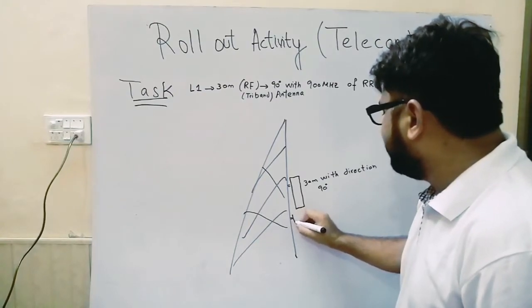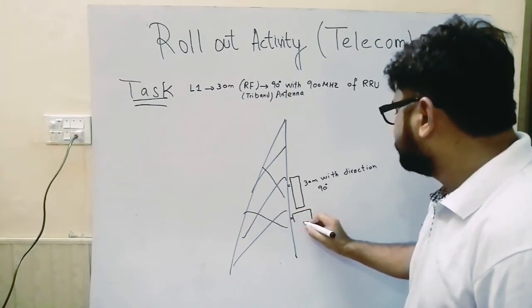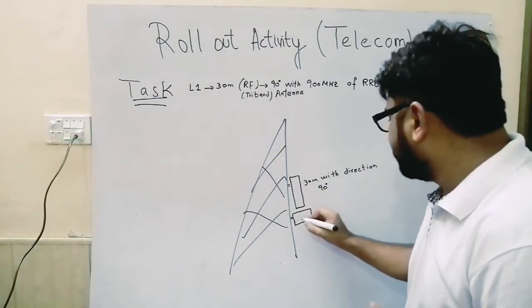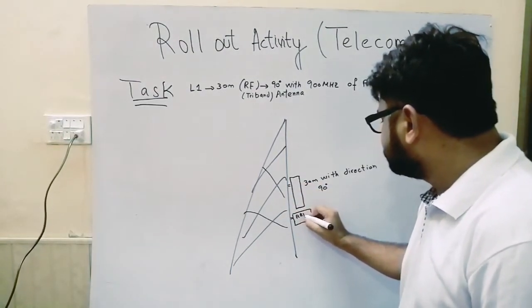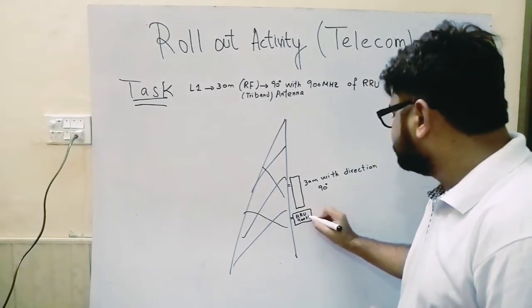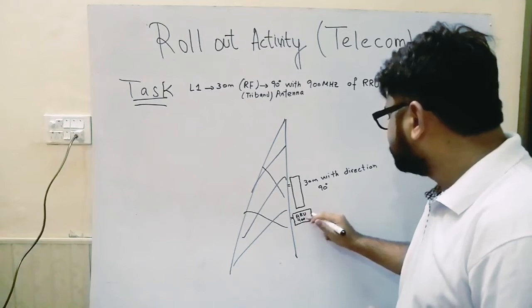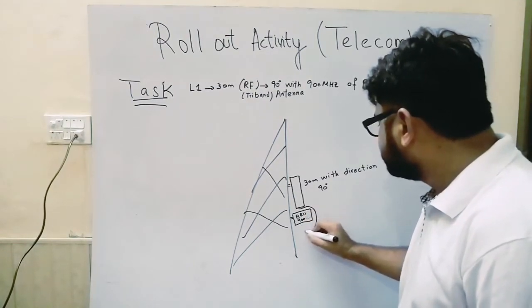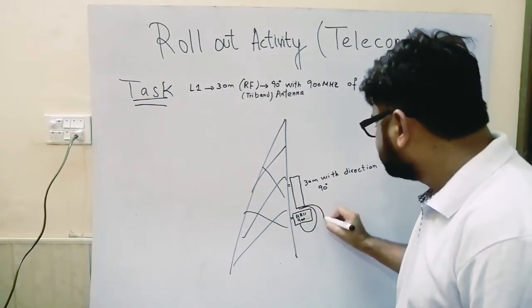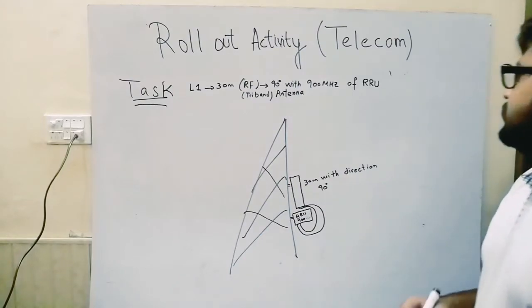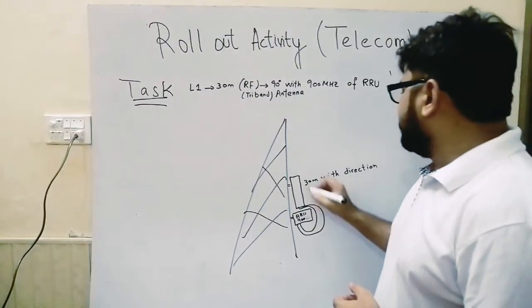So you will add the RRU below the antenna or at the back side of the antenna. 900 MHz is the frequency. So your leg 1 is complete.